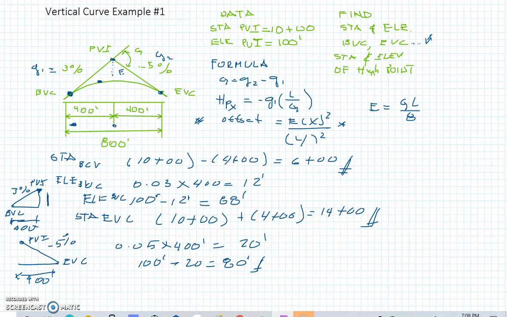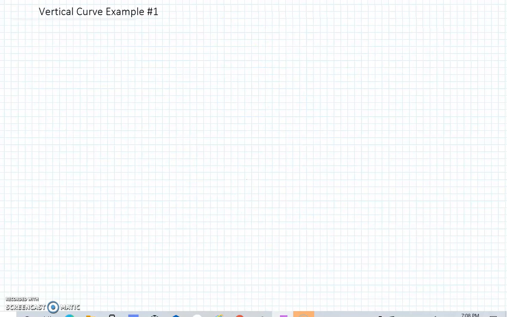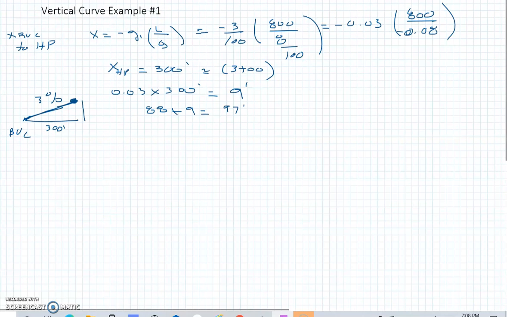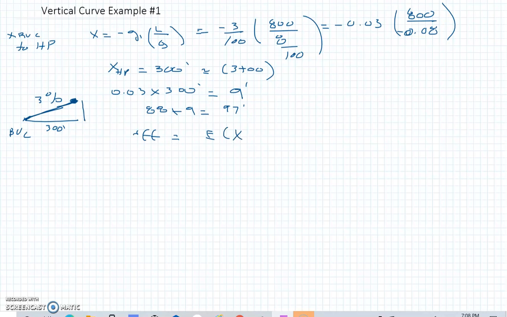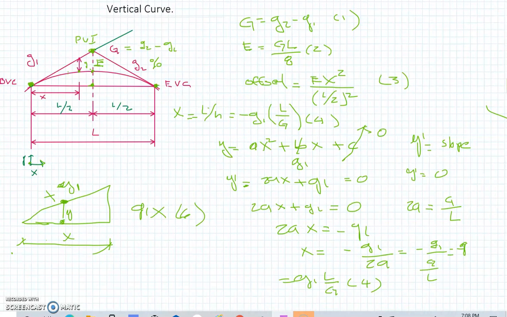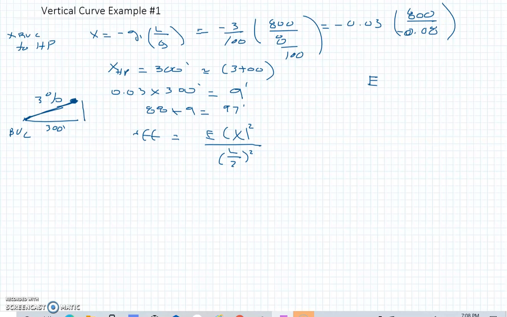My offset distance is equal to E times x squared divided by L divided by 2, squared. E is G L divided by 8.